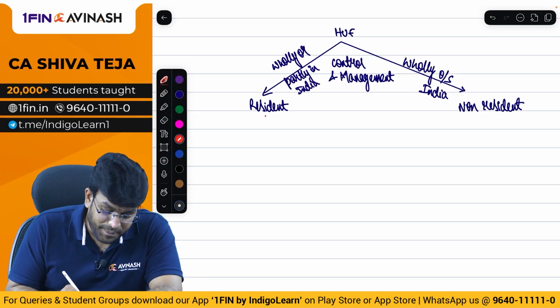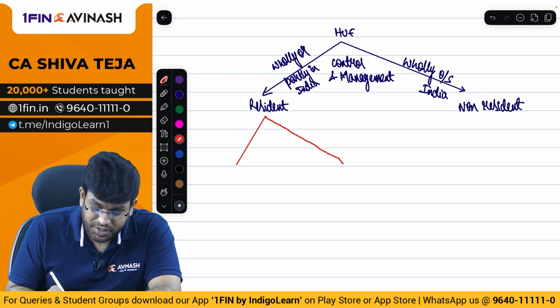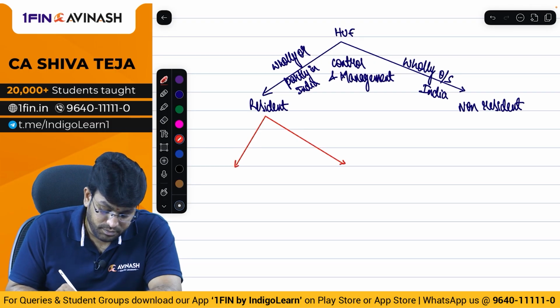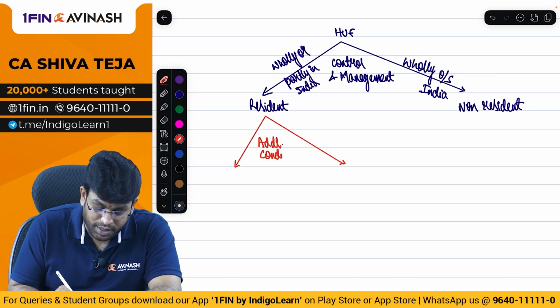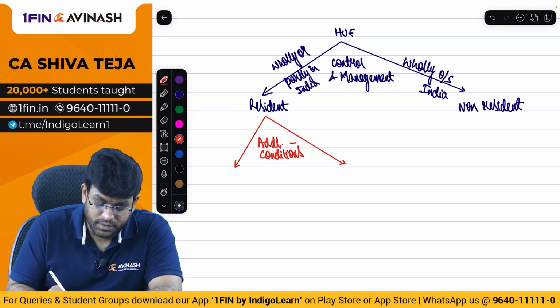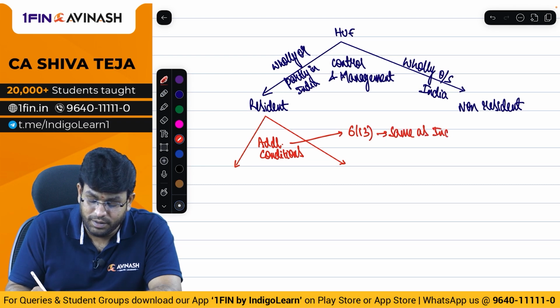And if resident, again we look at something known as additional conditions. And these additional conditions are given by section 6(6), that is same as individual.